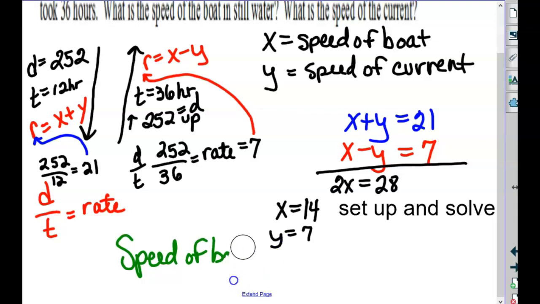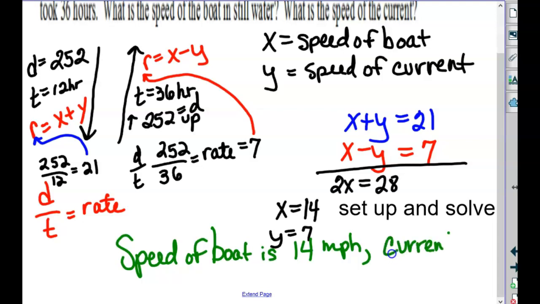I don't know what just happened. The boat is 14. Was it miles per hour, guys? Yeah. And the current is 7 miles per hour. Okay.